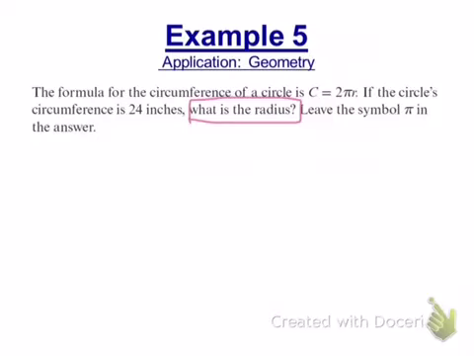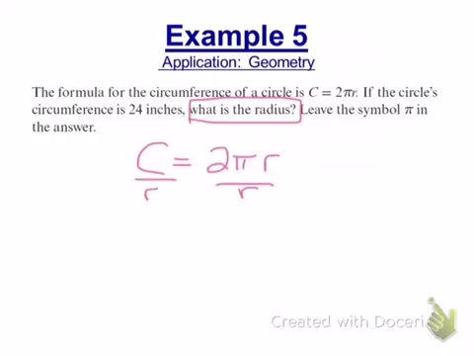So the first thing I'm going to do is take my formula and solve it for r. How do you solve that for r? Can you divide both sides by r? That won't get r by itself. If we divide both sides by r, you get C over r. Does that get r by itself?